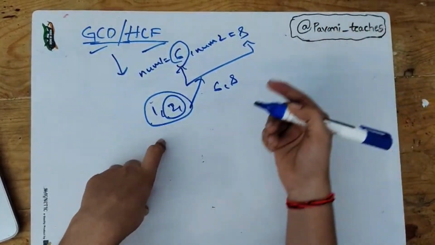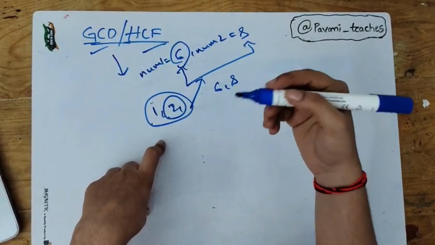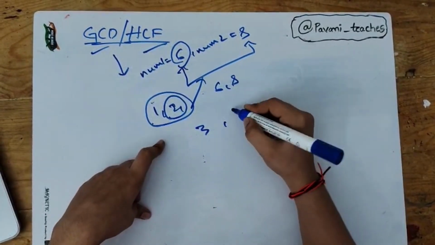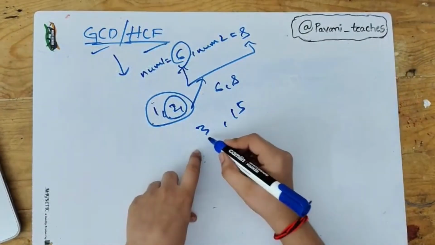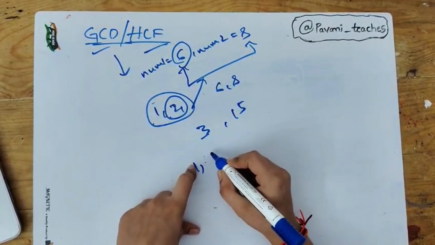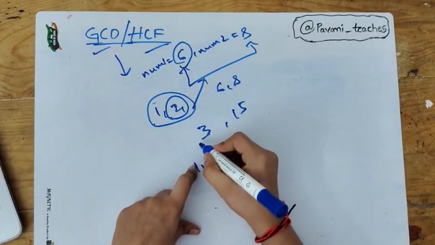I'll explain another problem. Now I am taking the numbers 3 and 15. Here 1 divides both, then 2 will not divide, 3 yes, 3 divides both. That's it.